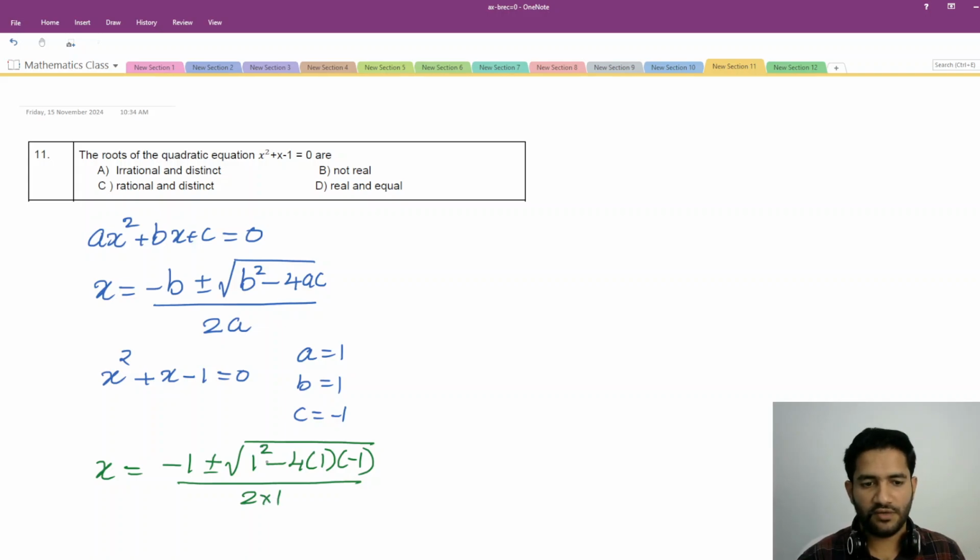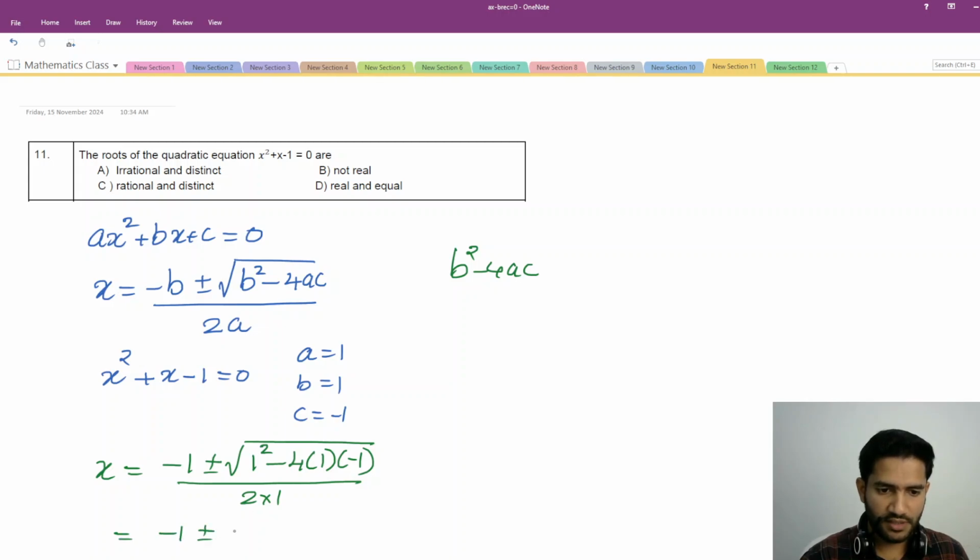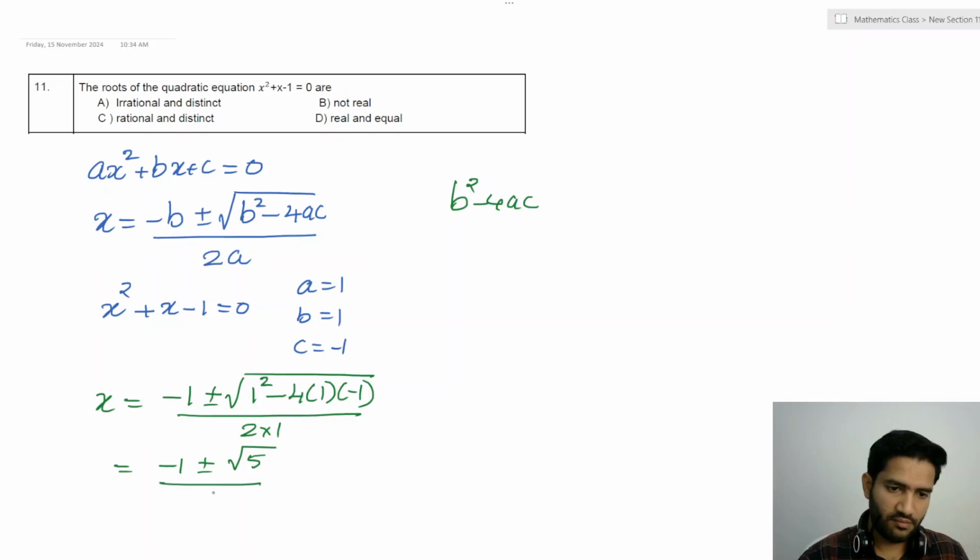Actually there is no need to find all the roots, because the question does not ask for the roots. The question is whether the roots are irrational and distinct, not real, rational and distinct, or real and equal. So just find the discriminant, b square minus 4ac. Here the discriminant is root 5, divided by 2.